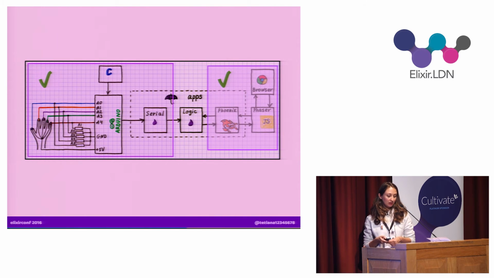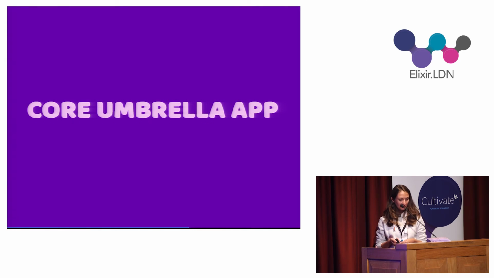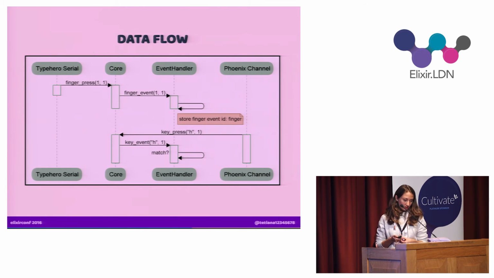Okay, and now is the last piece, but an important piece, the core umbrella application. So we get events from the serial, the finger events, and get them to core. From core, we get them to the handler.